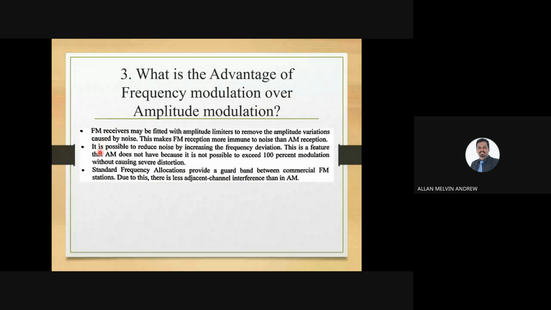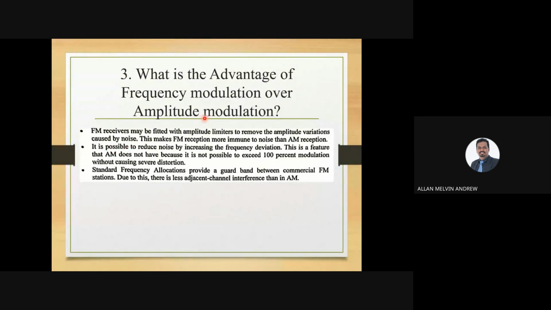The answer here is given in bullet form. Don't give it in bullet form; I explain in a paragraph. You can see some of the advantages mentioned here. Frequency modulation receivers may be fitted with amplitude limiters to remove the amplitude variation caused by noise.